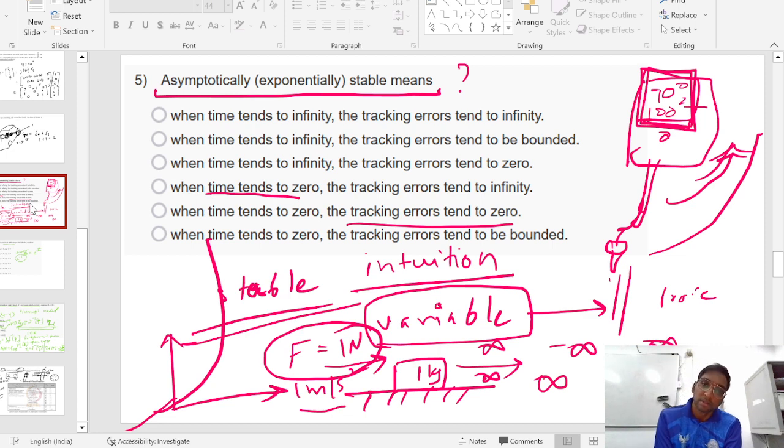The hint here is resonance. Certain frequencies can cause resonating behavior. Okay, let's forget that. The question is about asymptotically stable. When you say asymptotically stable, the output converges to a certain value. It's not just bounded, but it actually converges to a value as time goes to infinity, right? So the answer is as time tends to infinity, the tracking errors tend to zero.